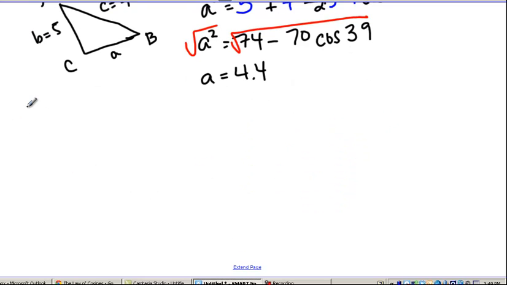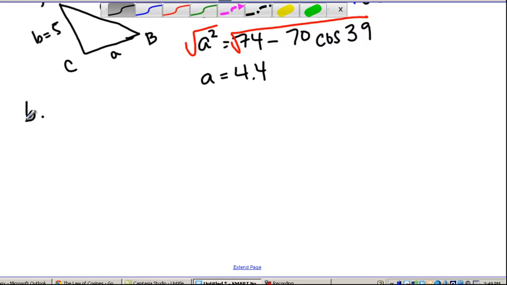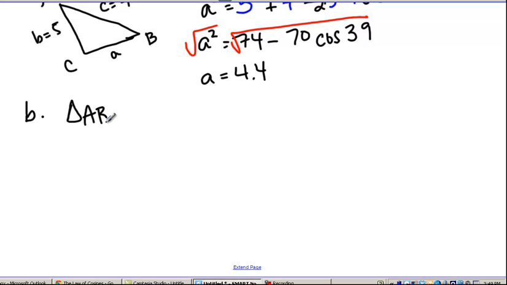Let me give you another problem. I want you to pause my video so you can work it through yourself. In triangle ABC, b is 4, c is 5, angle A is 51 degrees.